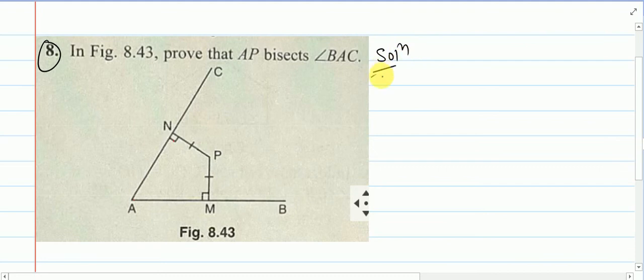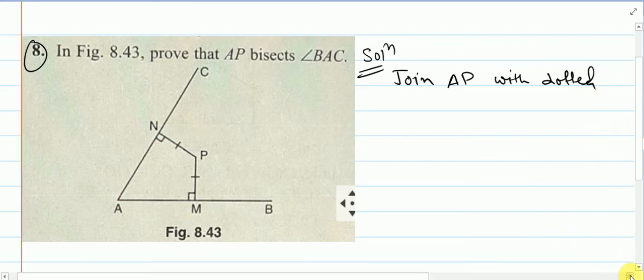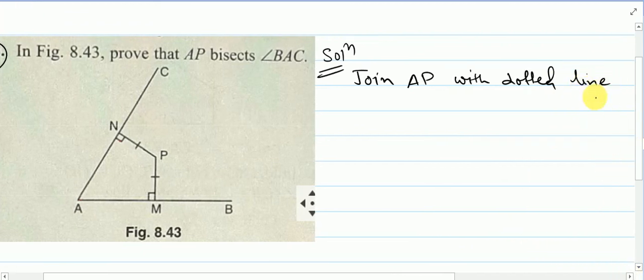Solution. Join AP with dotted lines. Now in triangle ANP and triangle AMP.